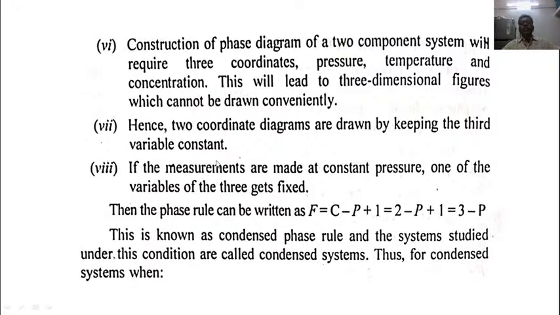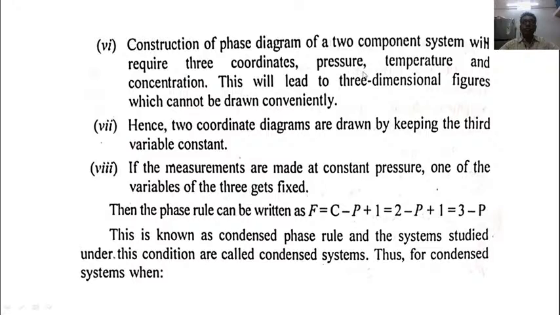But at a time we cannot take the 3 variables, because it will require a 3-dimensional figure and it becomes quite difficult. Hence, 2 coordinate diagrams are drawn by keeping the third variable constant. It means that in this system we have to keep one variable constant. We cannot change it.